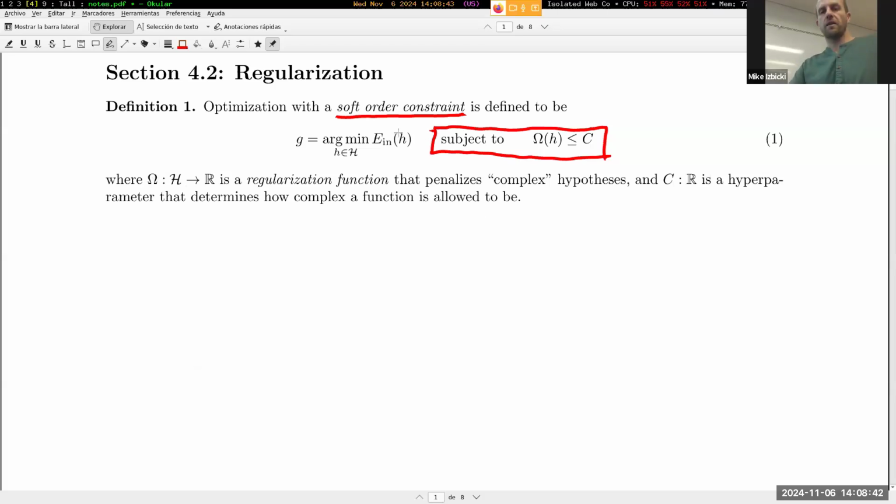This Greek letter is a capital omega. It's a function that takes our hypothesis classes into an R value, a real number, and it's called the regularization function. And what it does is it somehow measures how complicated our hypothesis class is.